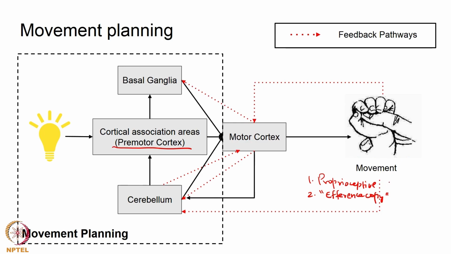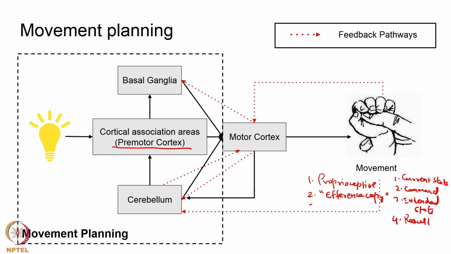So, cerebellum knows the current state, cerebellum knows what is the current command, and it knows the results. So, it knows the current state, it knows the command, it knows the intended state, it knows the result of the command.